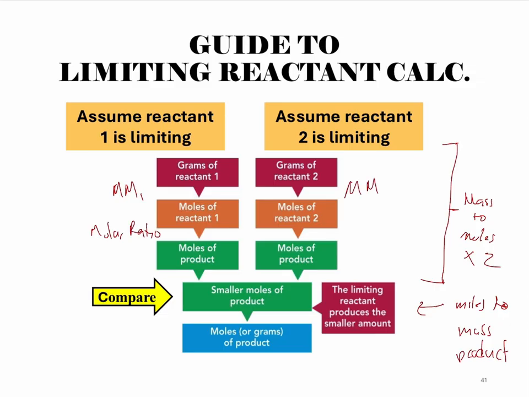The molar mass of reactant 2 and the molar ratio between them. Once you determine what the limiting reactant is, then how do you go from moles of product to grams of product, sorry? Then you use the molar mass of the product itself. All right, so again, this is identical to everything we've done up to this point, just an extra step, right? It's combining 2 problems into one, basically.